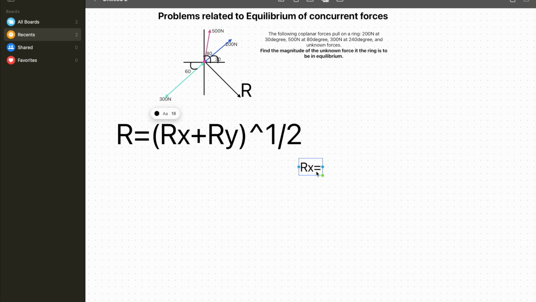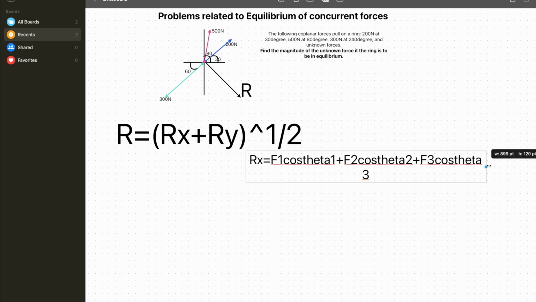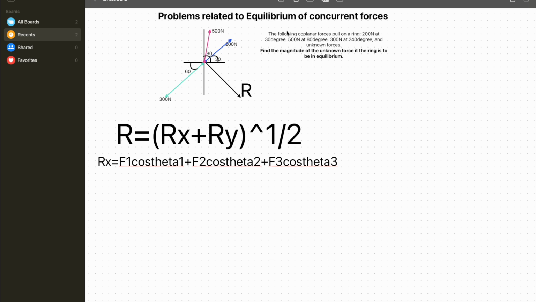If we assume that, then we should write F1 cosine theta 1 plus F2 cosine theta 2 plus F3 cosine theta 3, right? It should be the formula for x.